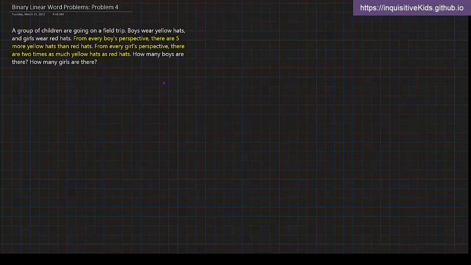So I'm first going to set B as the number of boys, and G as the number of girls. So from every boy's perspective, there are 5 more yellow hats than red hats.